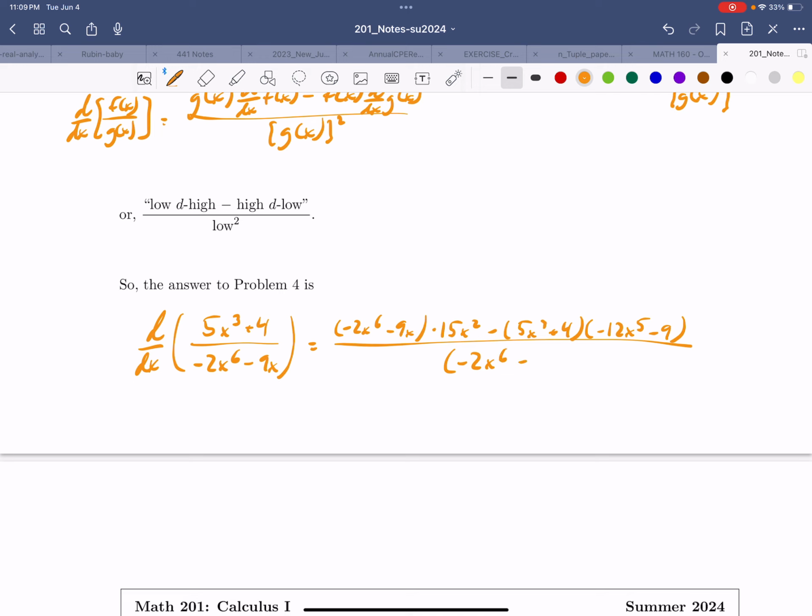So note that this can be a little messy a lot of the time. So like if I give you something like this, don't even bother simplifying it, right? It's terrible. Okay, just keep it like that.